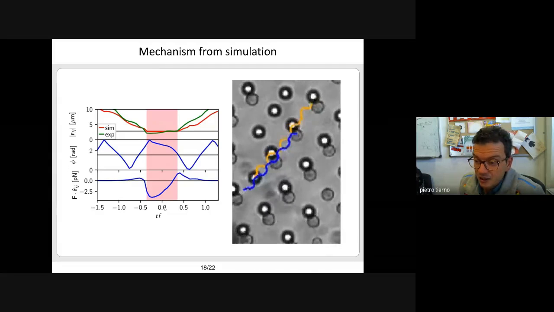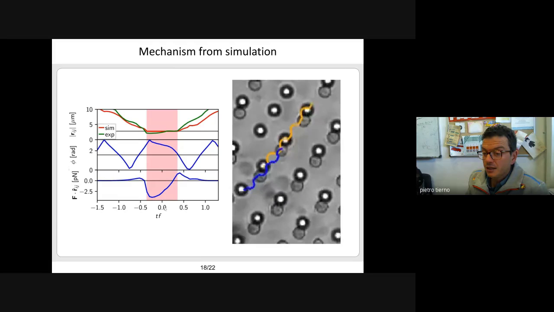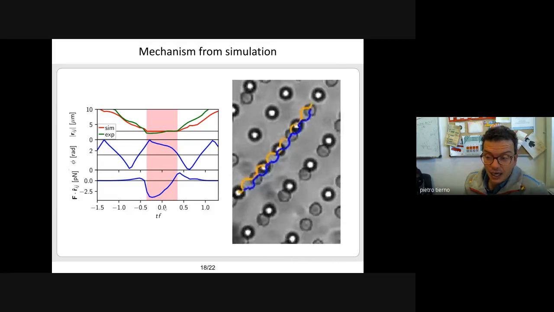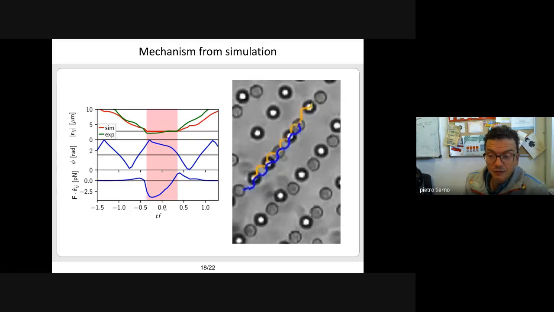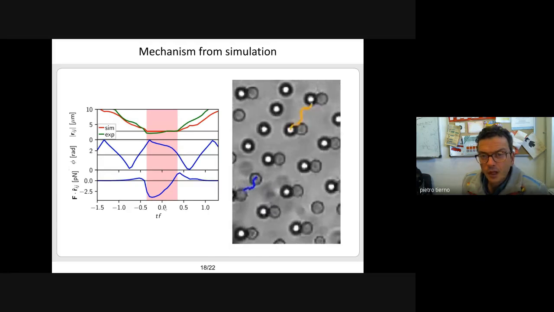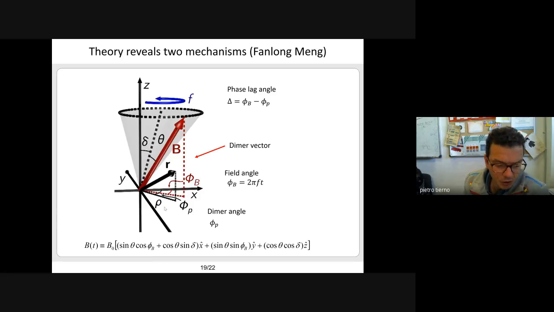Here, no, the current is generated just by the combination of confinement and dipolar interaction, which periodically changes from being attractive to repulsive. Now, I will skip this because it's a model that was developed by a collaborator, Fallon Men, in the group of Ramin Golestanian, which also explained the generation of the current.